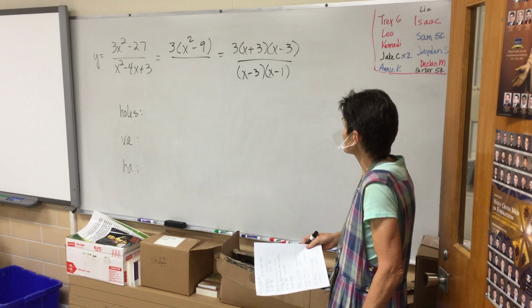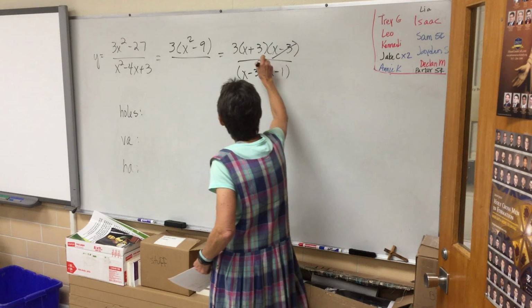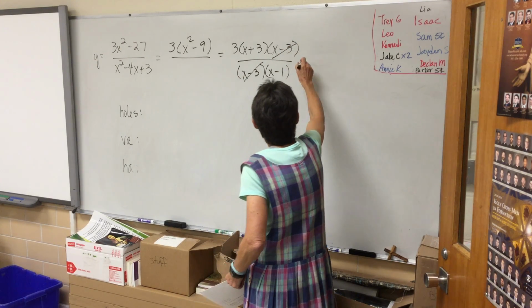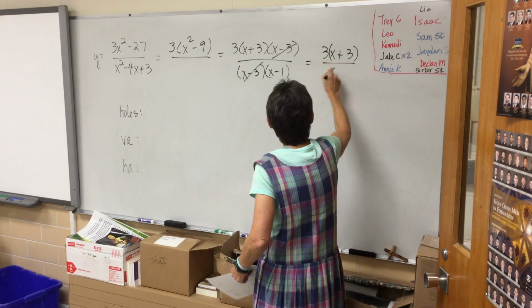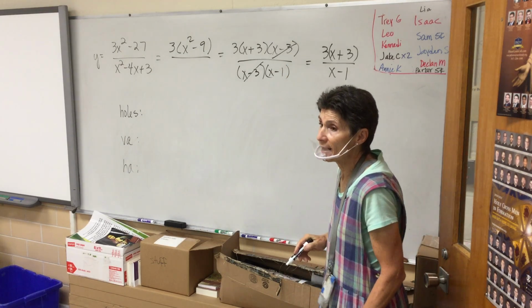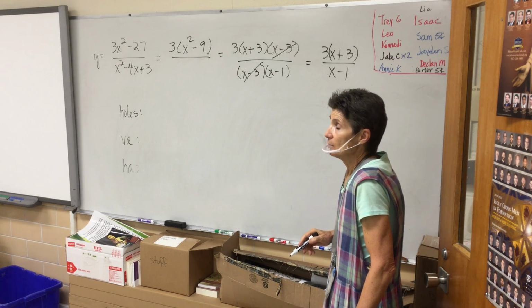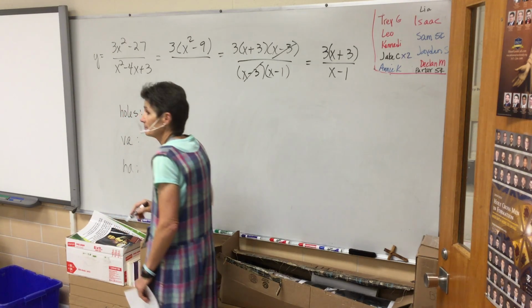Uh-oh, what do you notice? Now we have some canceling, which means, guys, we're going to have a hole. This is the only way we can ever have a hole. Well, now we have one. The hole is a point.